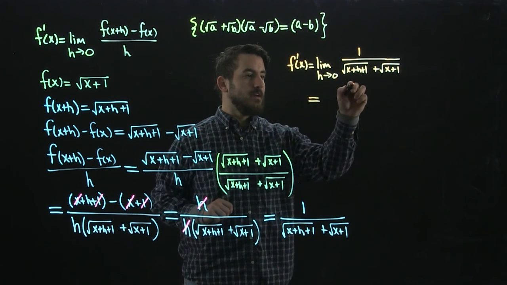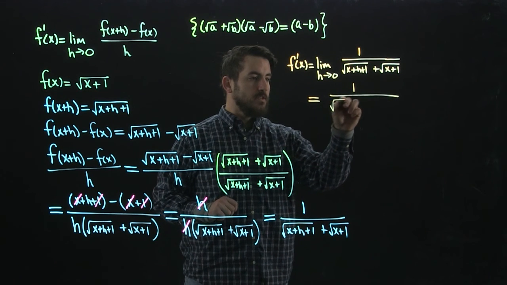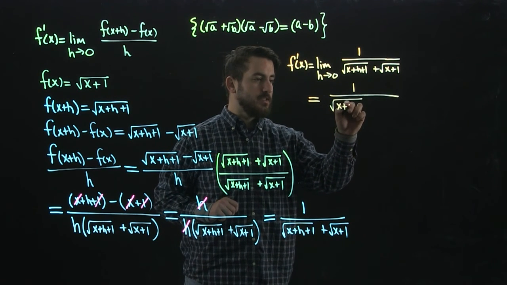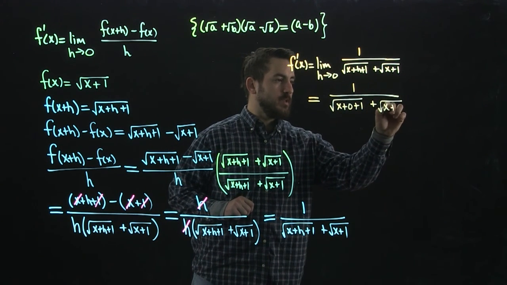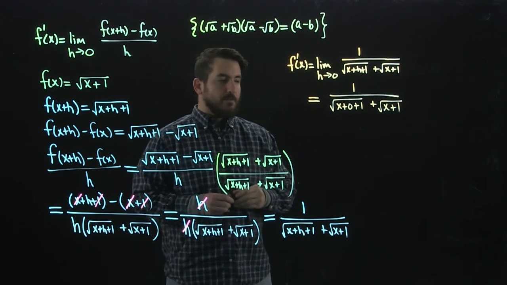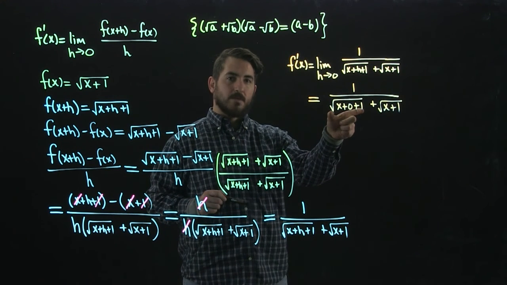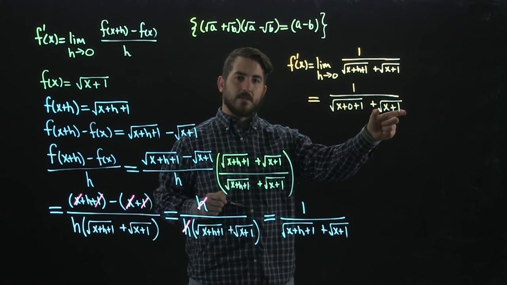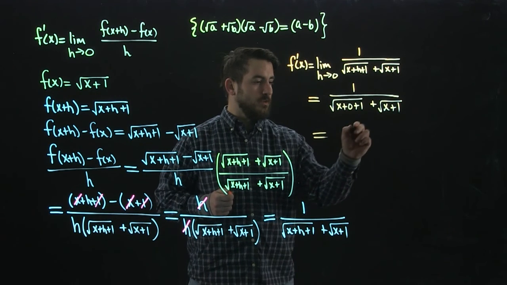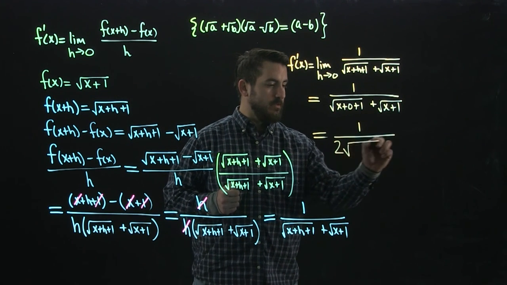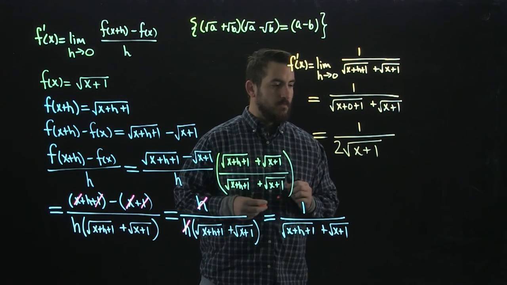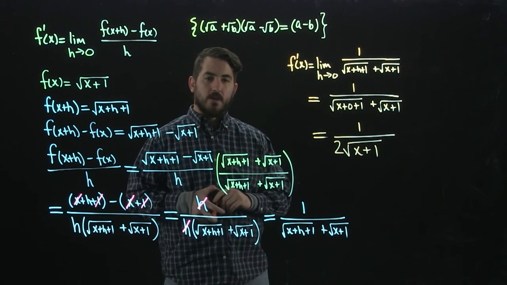So that's going to be 1 over the square root of x plus 0 plus 1 plus the square root of x plus 1. And so what we should notice is we have a square root of x plus 1 and another square root of x plus 1. So this becomes 1 over 2 times the square root of x plus 1. And so that is the derivative of this function.